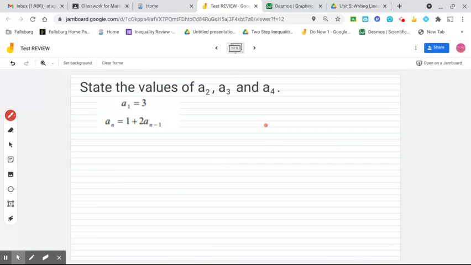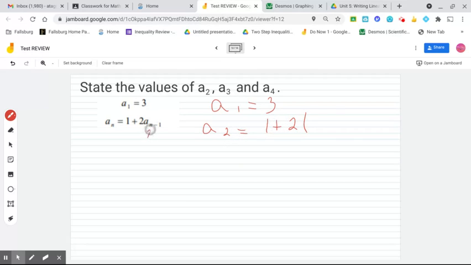Okay, state the values of A2, A3, and A of 4. So we know the first number is 3. We have our formula A of n equals 1 plus 2 times A of n minus 1. So A of 1 is 3. That means A of 2 is 1 plus 2 times.